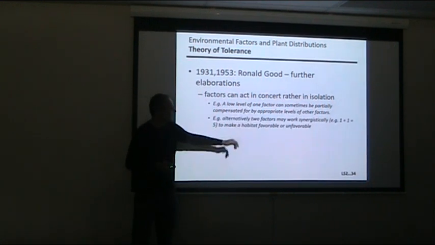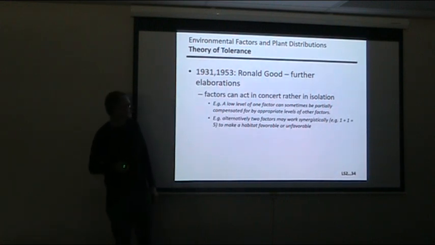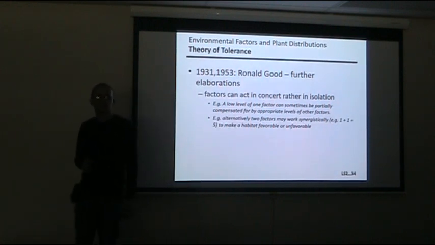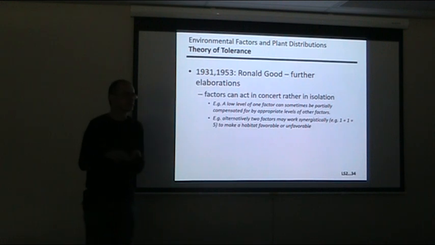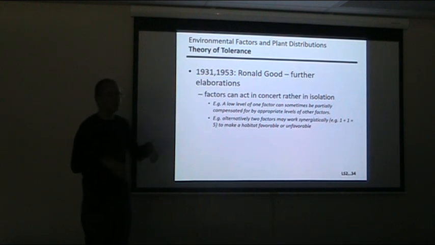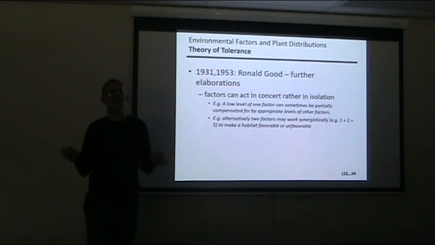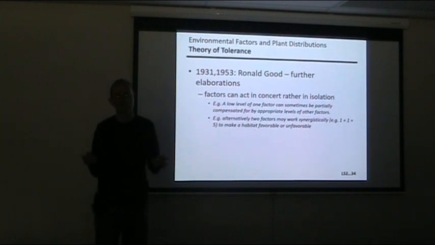So two factors may work synergistically. Two things that are low in abundance that would normally individually affect the distribution or the occurrence of the species, when they're put together, can make it a very optimal environment for that species.